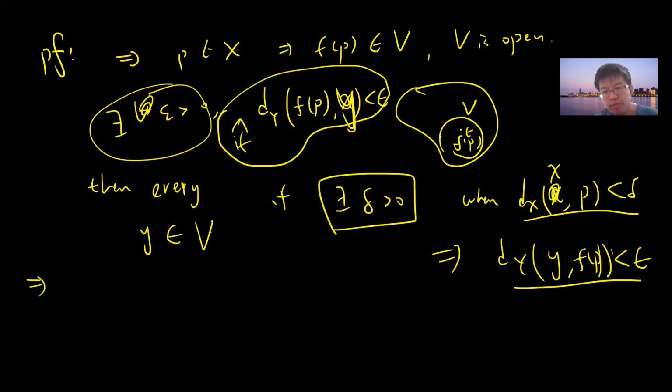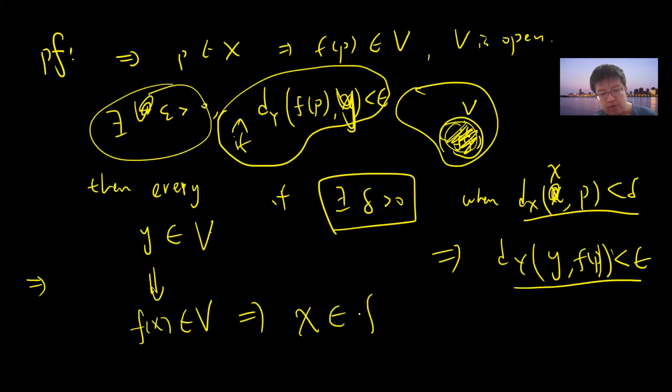So you just show that when x is very close to p, less than delta, then you can make your image fall into this ball. So y belongs to V, where y is f of x, so f of x belongs to V, just saying that x belongs to f inverse of V.